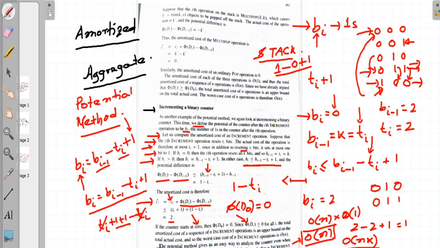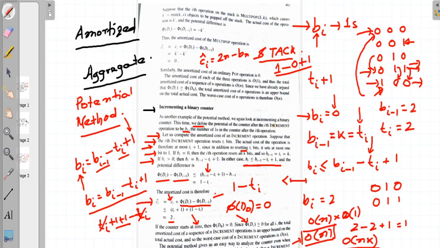Here it is again shown that the potential method gives us an easy way to analyze the counter even when it does not start at 0. Say it is starting at 1 or at 2, and then we have an increment operation. In that case, what is shown in CLRS is that the amortized cost will be equal to 2n minus bn.